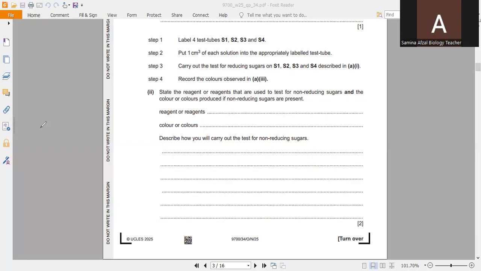So state the reagents that are used to test for non-reducing sugar and the color or the colors produced if non-reducing sugars are present.